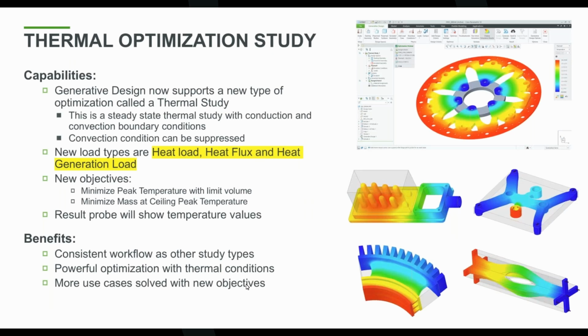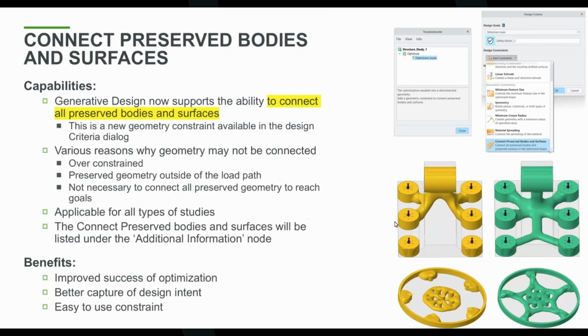Okay, this next one is the one that, like I say, you guys that use it on a daily basis will find quite nice: generative design connected preserved bodies and connected surfaces. If we look at this image on the left-hand side, we've got our load conditions and our constraints where we're holding this, let's call it the spider shape. It has gone back and said, okay, out of these 6 connection points, we only need the 4.